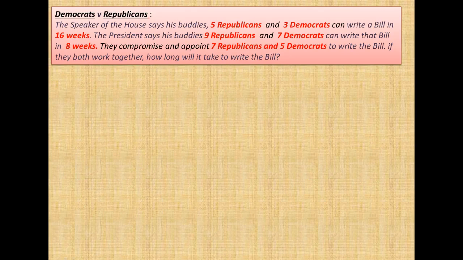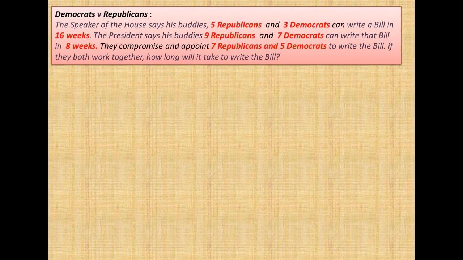Okay. Democrats versus Republicans. This is a special problem that I created, and we're going to use everything we've learned and learn a little bit more to solve this problem. We have Democrats versus Republicans. The Speaker of the House says his buddies, 5 Republicans and 3 Democrats, can write a bill in 16 weeks.